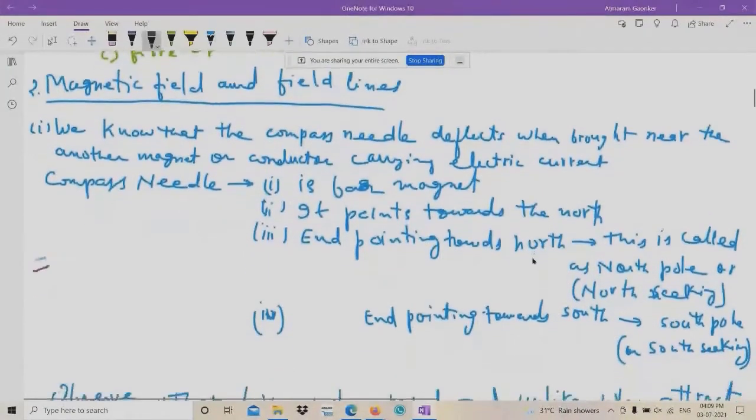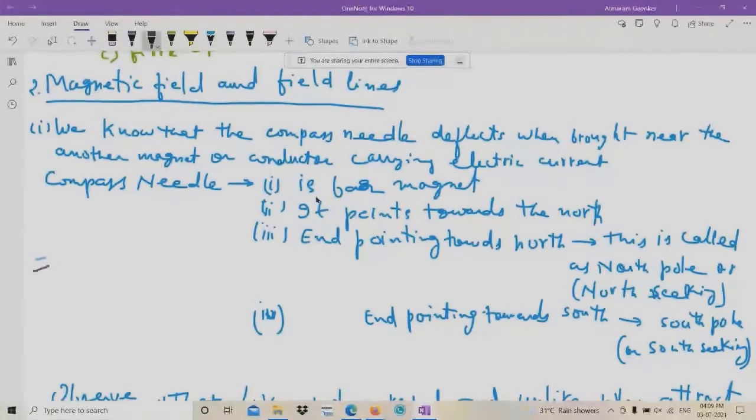Now you have to understand the magnet and magnetic lines, or magnetic field and field lines. We know that a compass needle deflects when brought near another magnet or a conductor carrying electric current. So what is a compass needle?